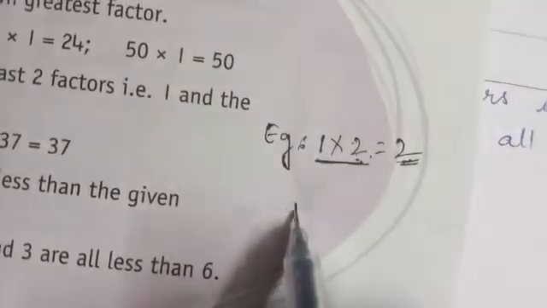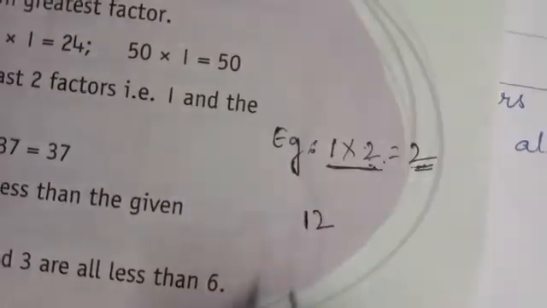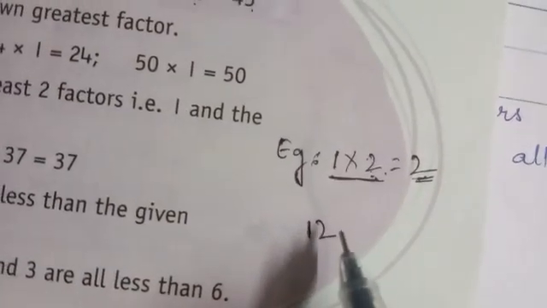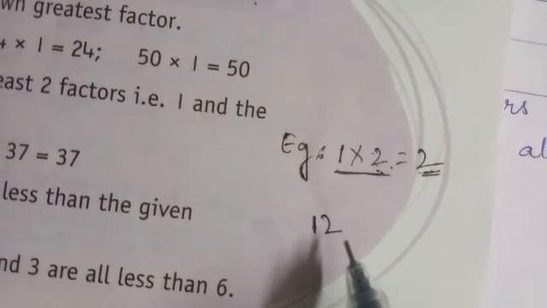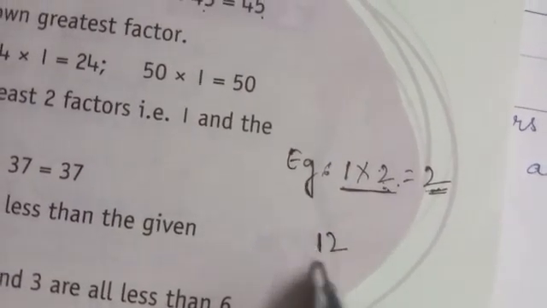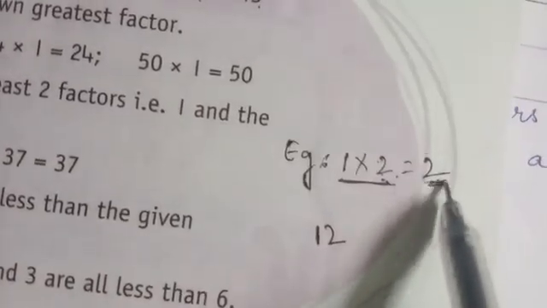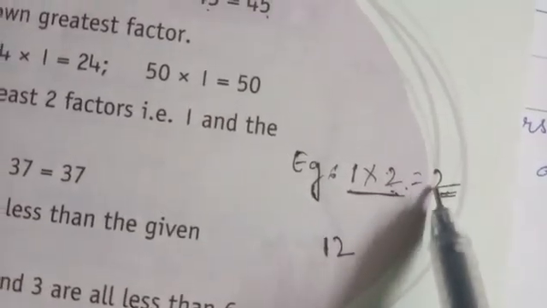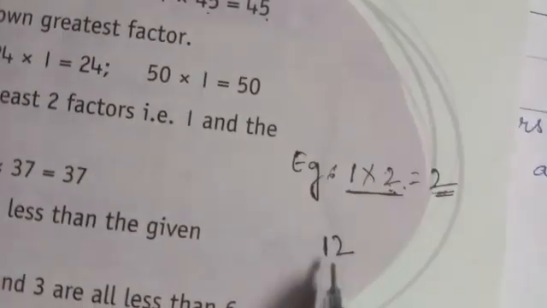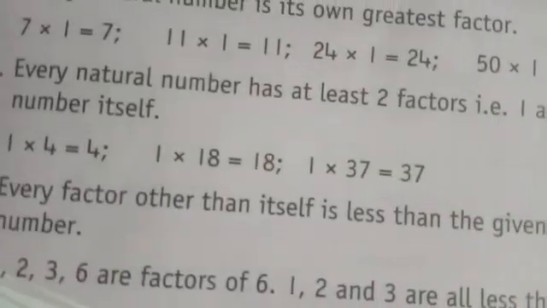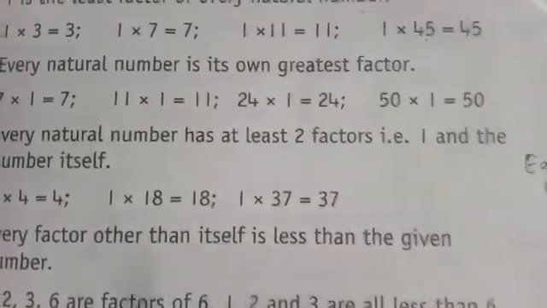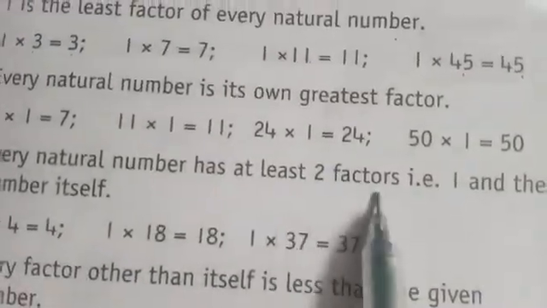Suppose we have the number 12, we got 12 in the 1 table, 2 table, 3 table, 4, 6, many tables, whereas 2 comes only in 2 tables. So this is a prime number and 12 is a composite number example. Okay. So if it is a prime number, at least two factors we will get.